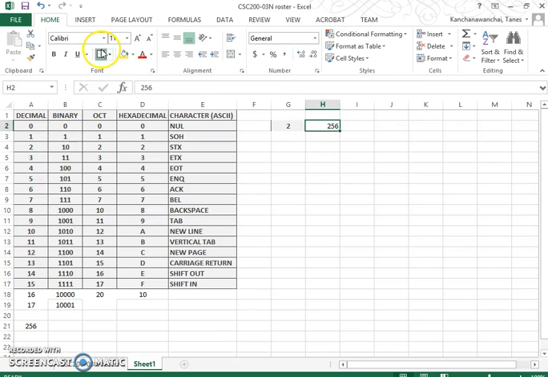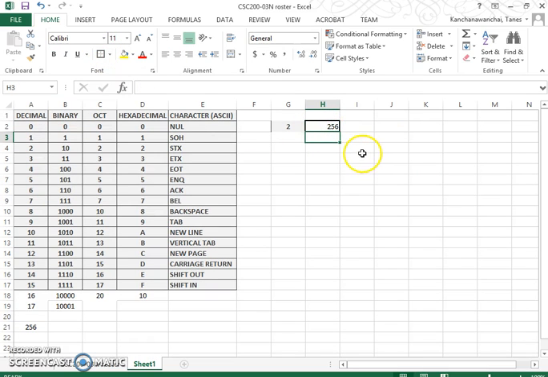So now if I take this number divided by 2, what do I get? Remember, I have to keep track of my remainders. So 256 divided by 2 is 128, remainder is 0, right?